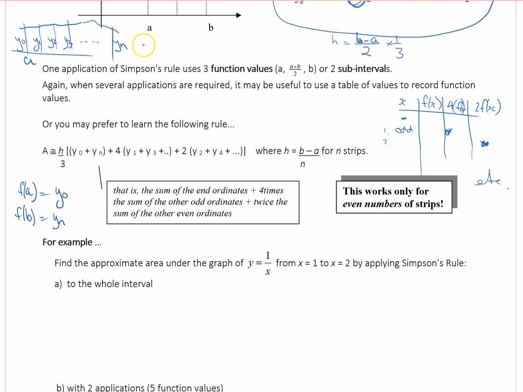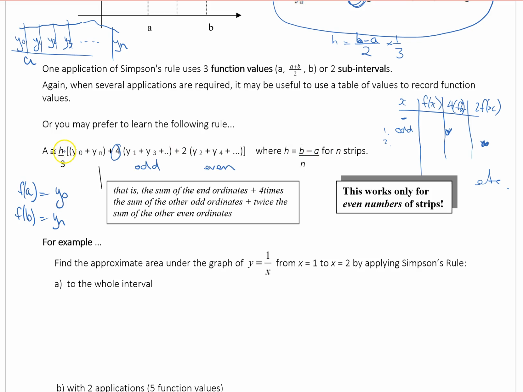yn? So all of these are going to be either even or odd function values, and if they're odd function values, they will have 4 times that function value according to the rule. So it's 4 times the odd group of y values, and 2 times the even group.